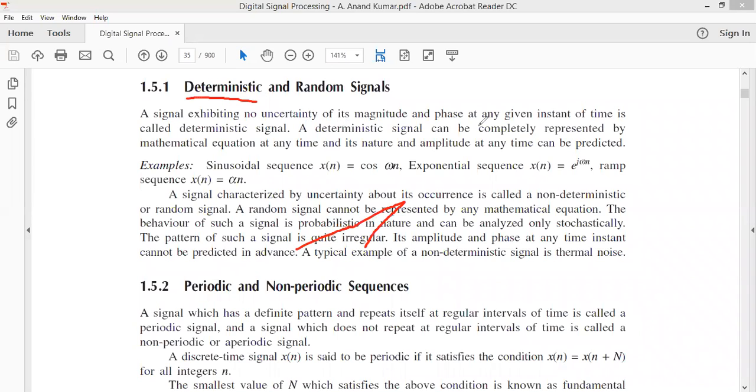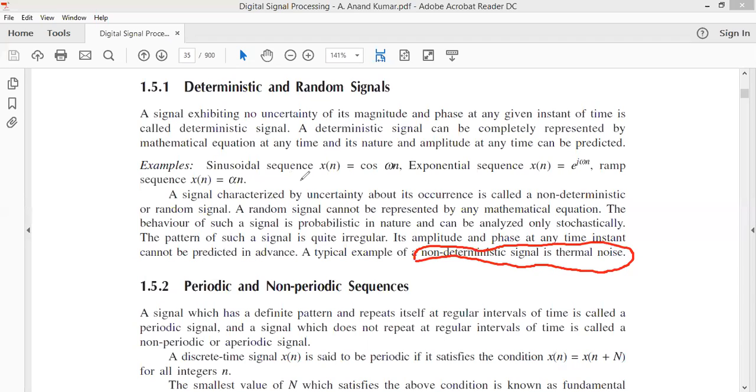Just now we discussed that the amplitude and phase of random signals cannot be predicted in advance. These signals are called non-deterministic, and an example of this is thermal noise.